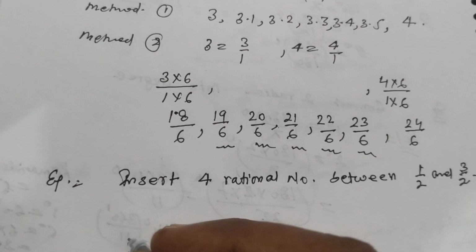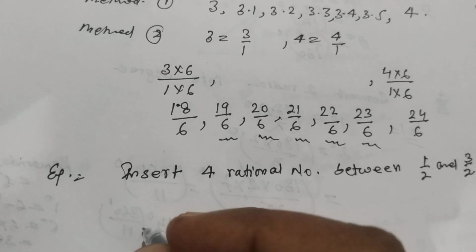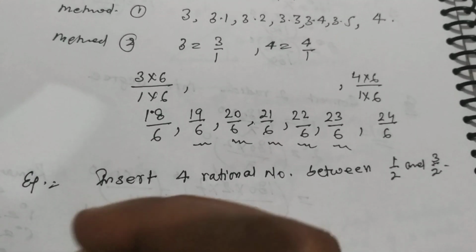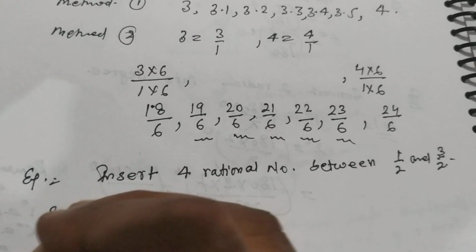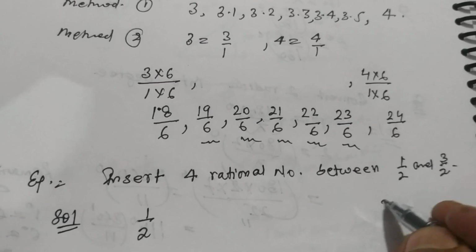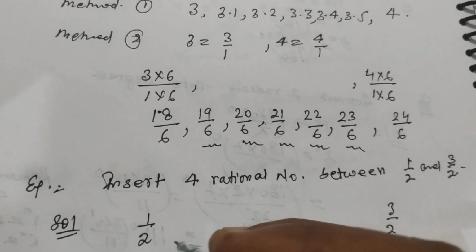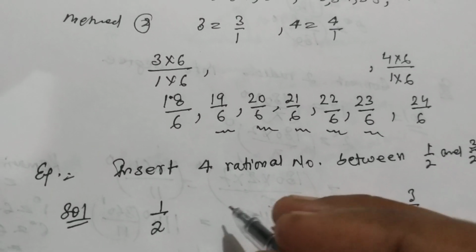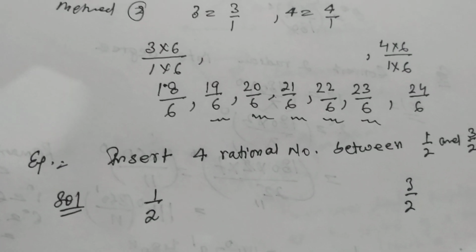We will follow the second method. We can follow the first method also, it is quite understandable. The solution: again 1 upon 2 and 3 upon 2. The denominator is the same and we need 4 rational numbers between these two fractions.